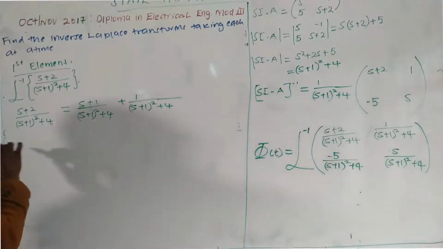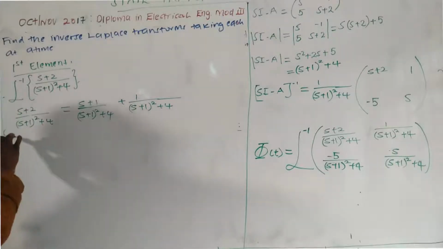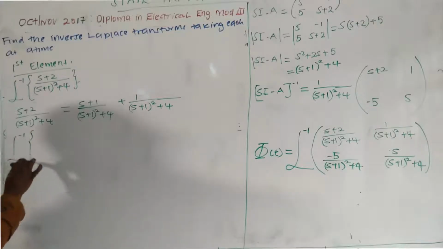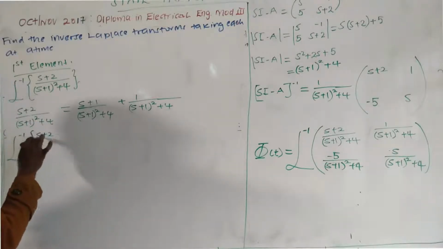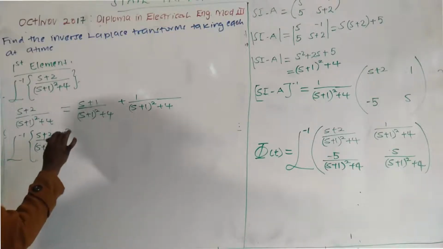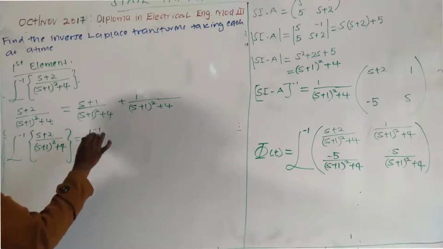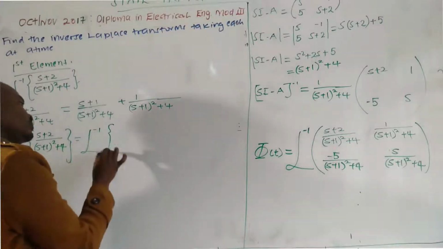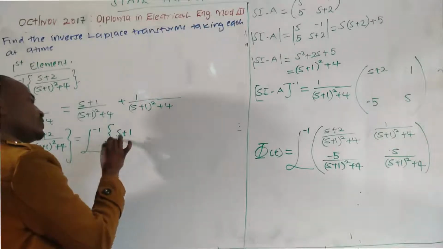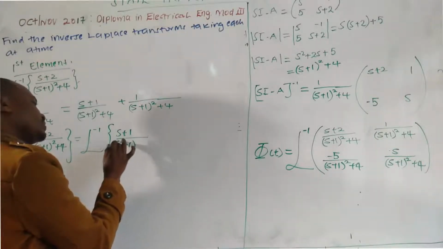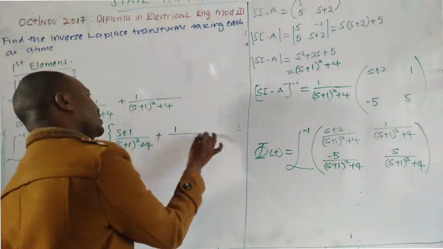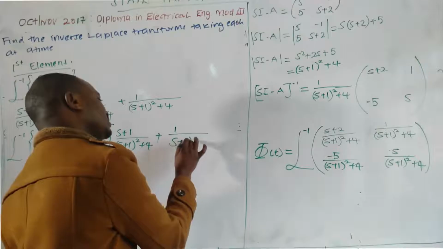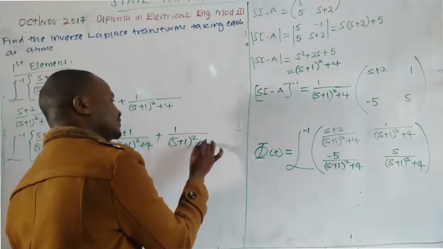So the inverse Laplace transform of (s plus 2) over ((s plus 1) squared plus 4) becomes the inverse Laplace transform of (s plus 1) over ((s plus 1) squared plus 4) plus 1 over ((s plus 1) squared plus 4).